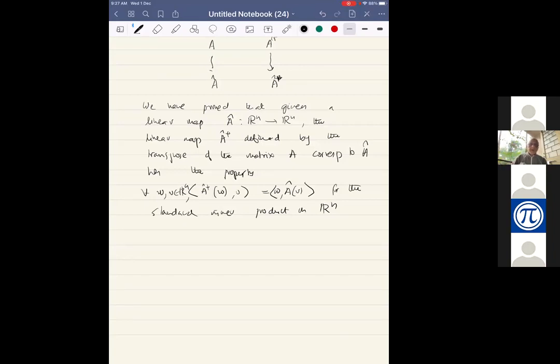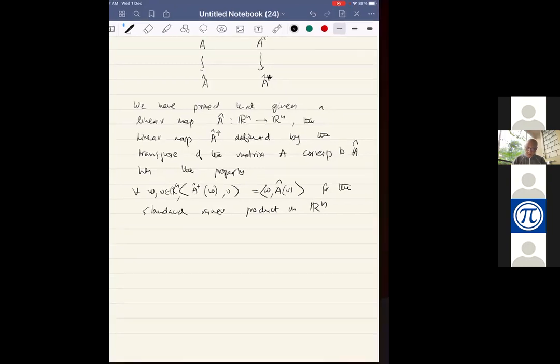So the association A hat to A hat dagger is linear, and if I repeat it twice on the matrix side, it corresponds to taking a transpose and taking the transpose again.